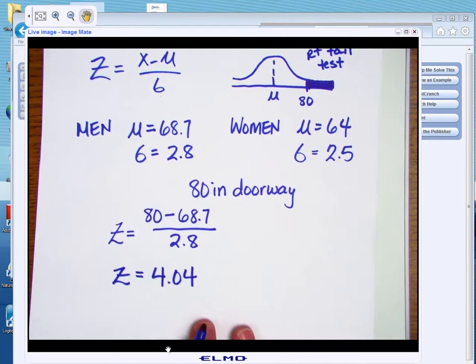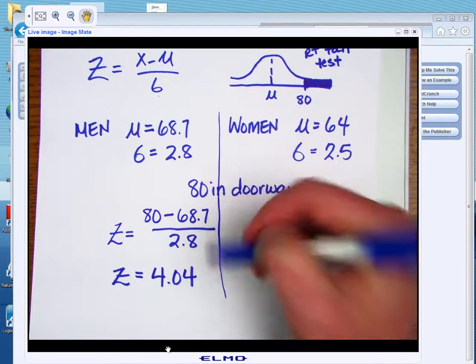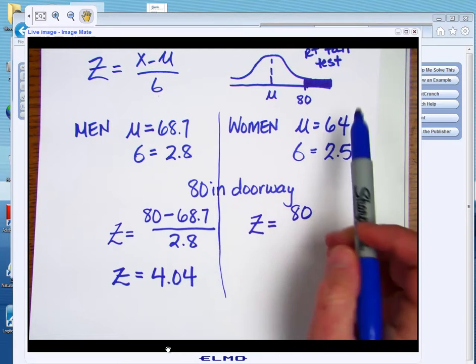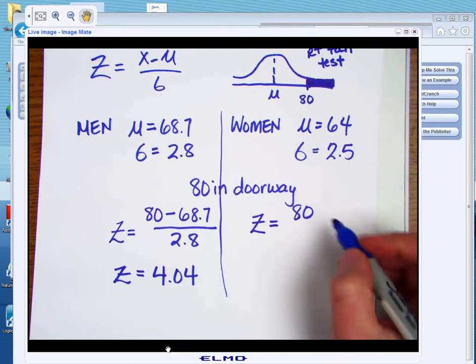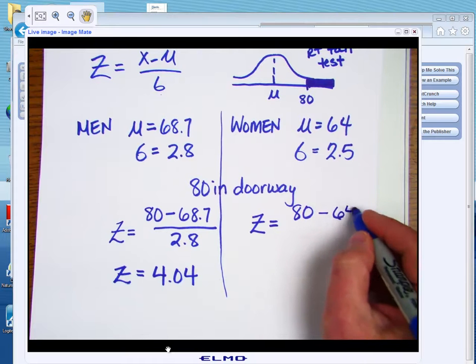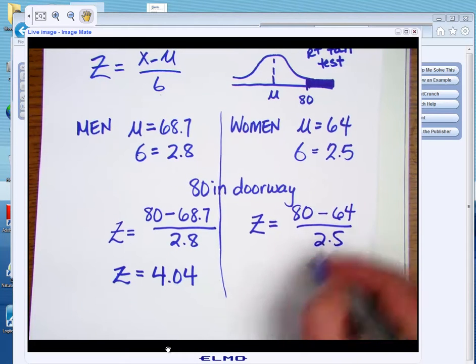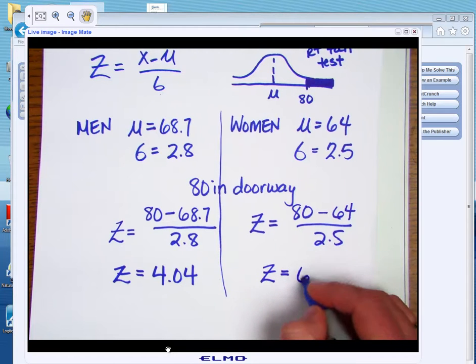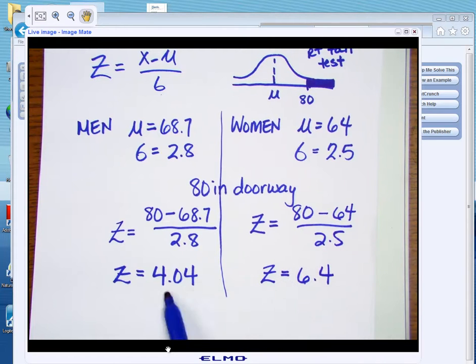Now I'm going to do the same thing with women. So this is two different problems. Z is going to equal 80 again because the doorway height has not changed. But now my mean has, it's 64, divided by 2.5. And in this case, I get a z of 6.4.